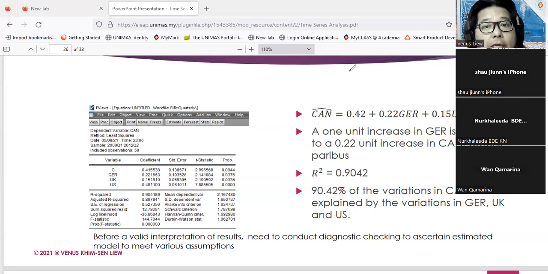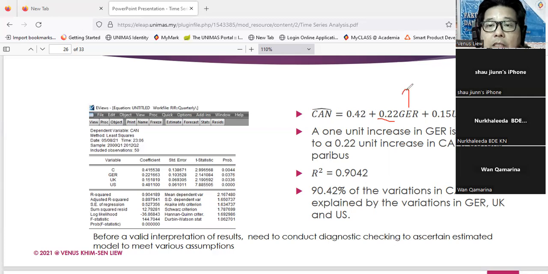So there are other aspects that we need to know from the result given to us. Before that, interpret this coefficient. A 1 unit increase in this value, GER, is associated to 0.22 unit increase in CAN.